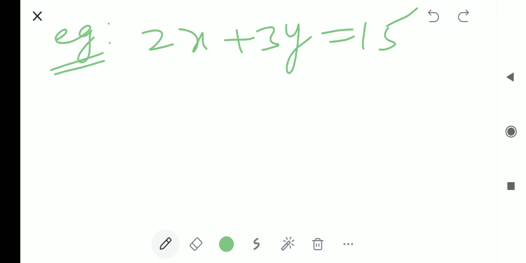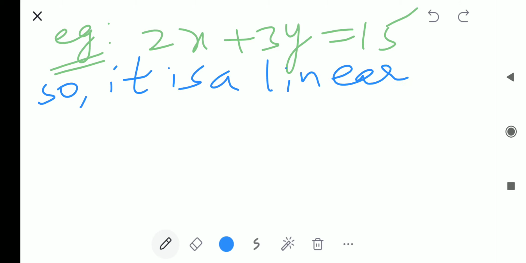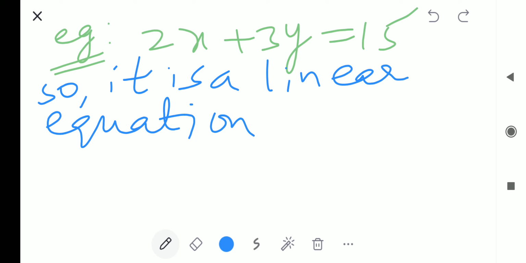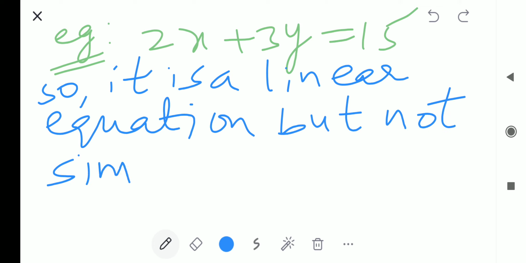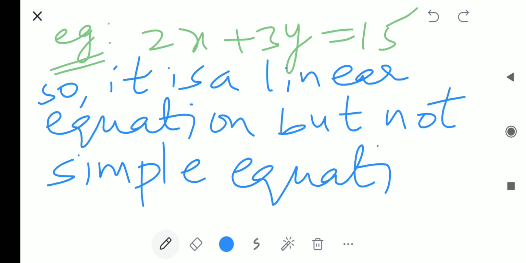So I can conclude that it is a linear equation but not a simple equation.